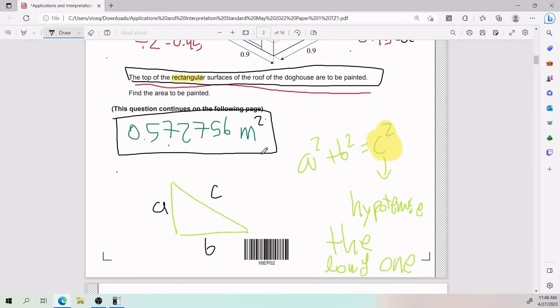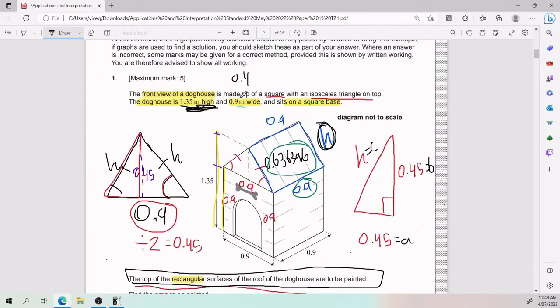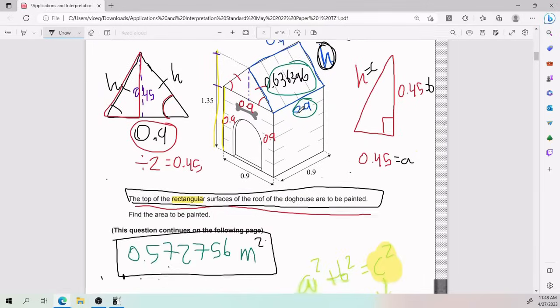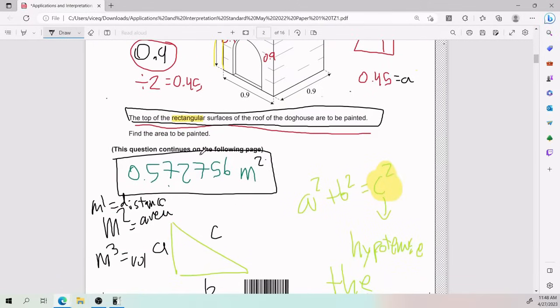Why? Because with units, squared is going to be area. Units cubed is going to be volume. Units to the power of 1, which is the most common one, is just going to be distance. So the power of 1 is here. That is to the power of 1, this is to the power of 1. We're on the same page. So that is one thing that is wrong.